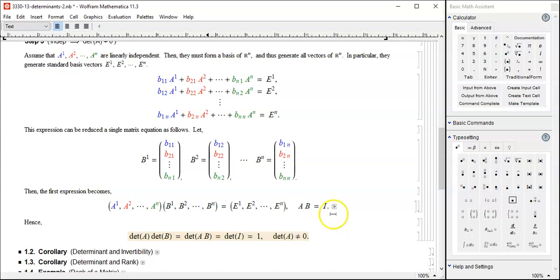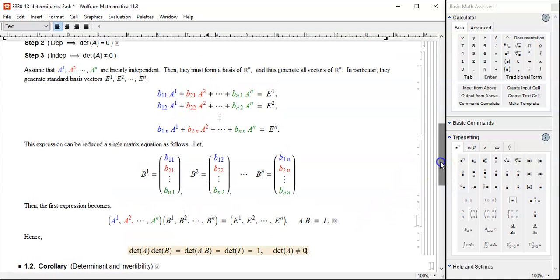But what's AB? AB is equal to I, and the determinant of I is 1. So conclusion, determinant of A times something is 1. Therefore, determinant of A cannot be 0.